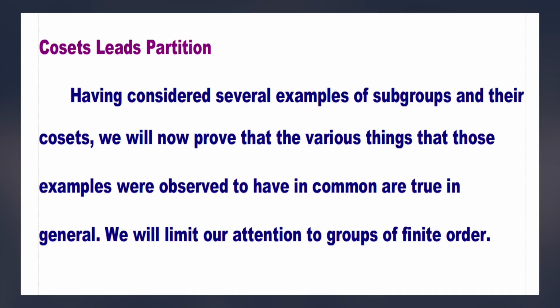Cosets lead to partition. Having considered several examples of subgroups and their cosets, we will now prove that the various things that those examples were observed to have in common are true in general. We will limit our attention to groups of finite order.